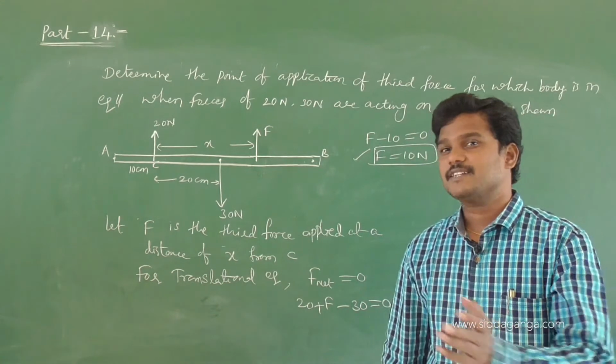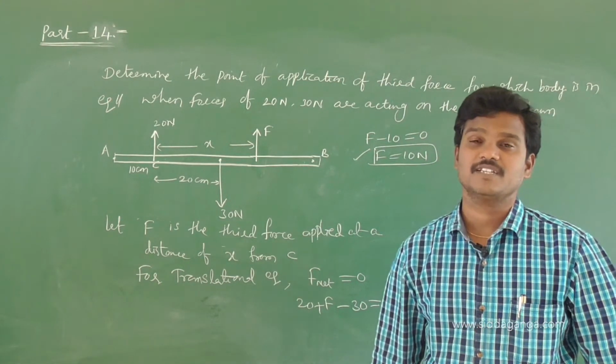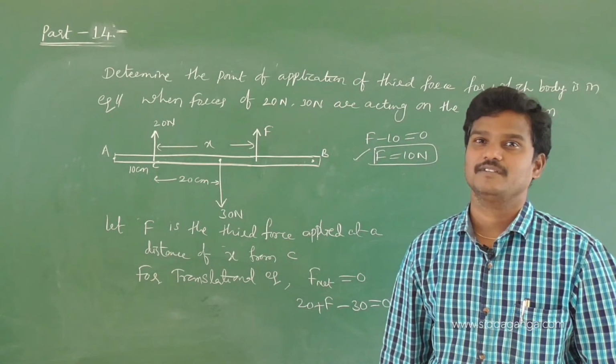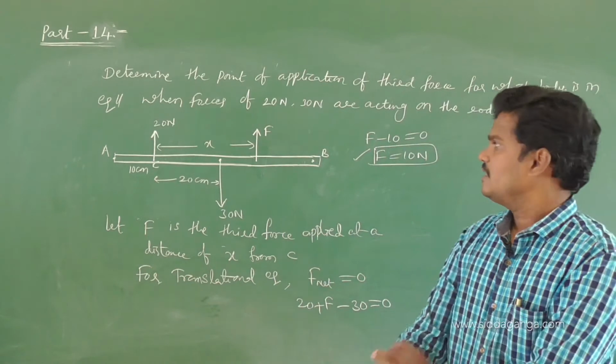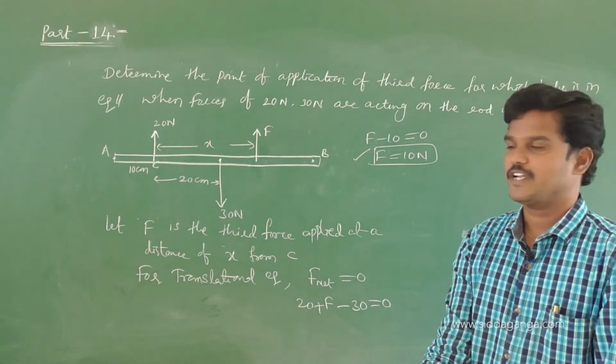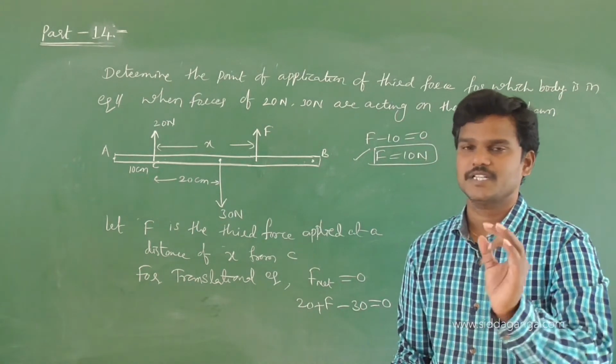If you apply it at a certain distance properly, then it is also in rotational equilibrium. Let us see at what distance you have to apply. Let me find that x, so that we can decide the rod is in rotational equilibrium.